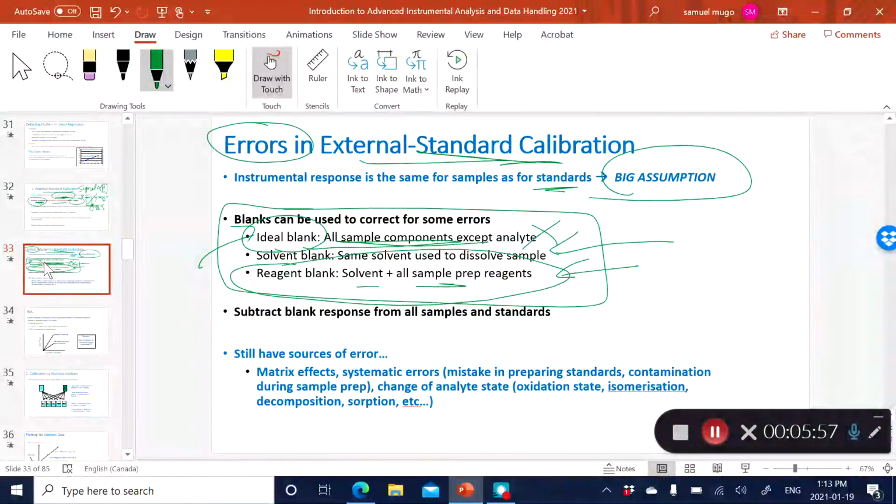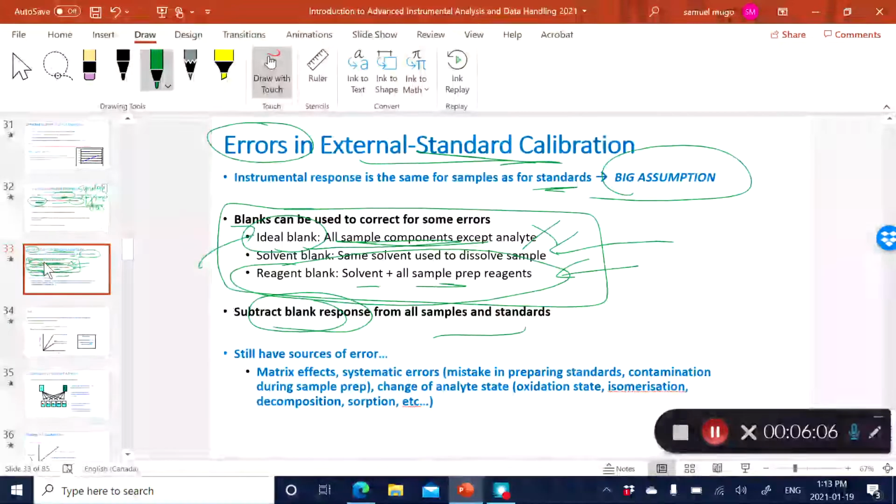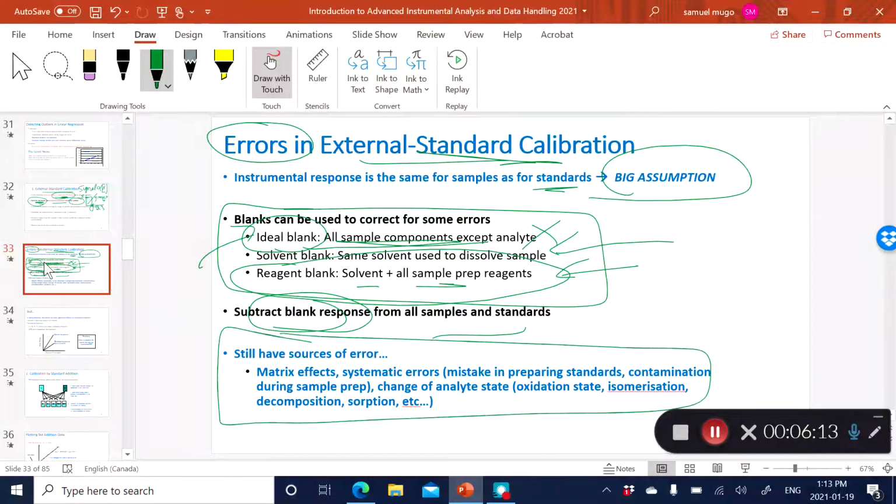And then after that, you would subtract the signal from the blank, and you subtract it from the samples as well as the standards. And that way, you correct for external standard errors. But as I've said, what is very difficult to correct in the absence of an ideal blank would be a sample that has matrix effects, which again is not very easy to correct without an ideal blank.